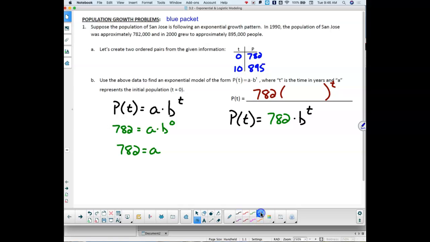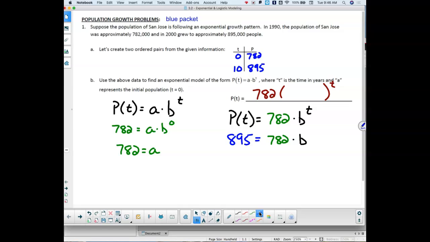So then this would be 895 equals 782 times b to the 10th power.